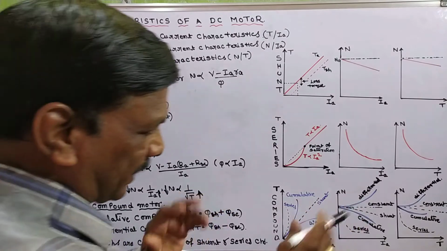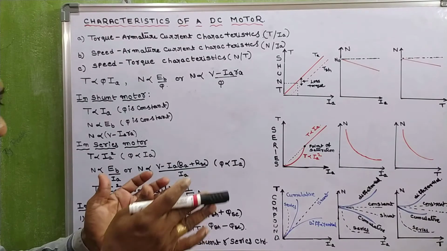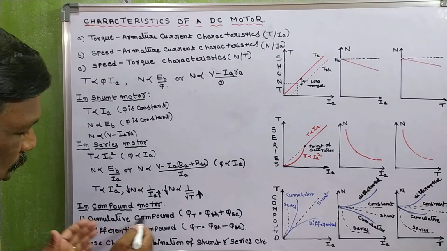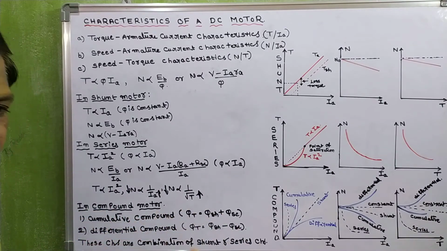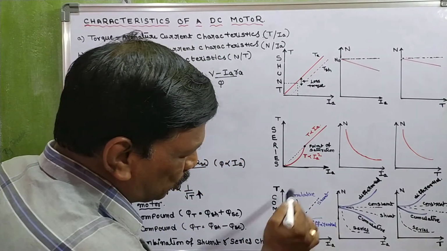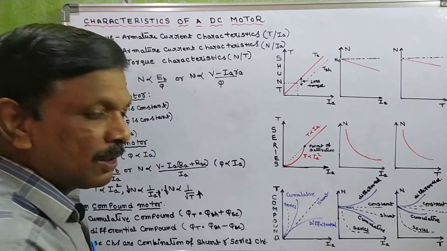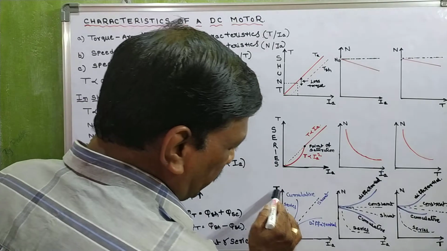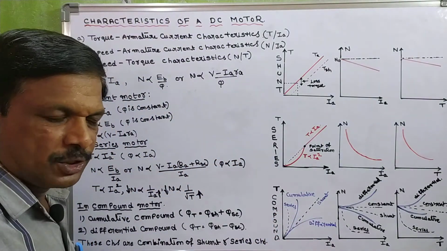Okay, coming to characteristics. The compound characteristics are a combination of shunt and series. Why? Because the compound motor is the combination of series and shunt fields. So the cumulative and differential characteristics are a combination of series and shunt. First of all, the T by Ia characteristics of cumulative and differential.